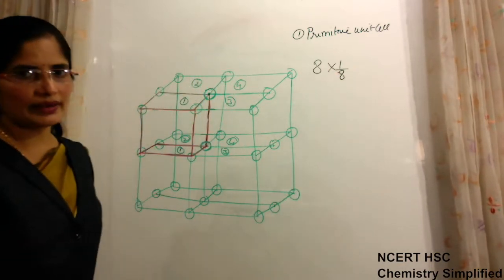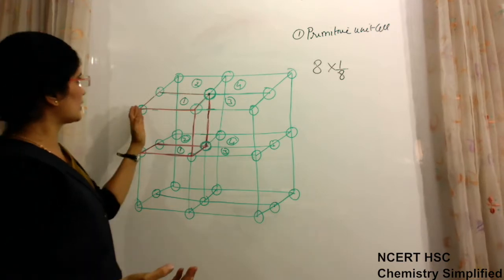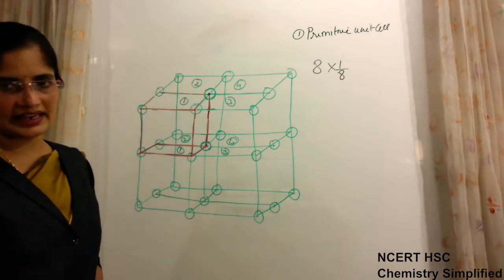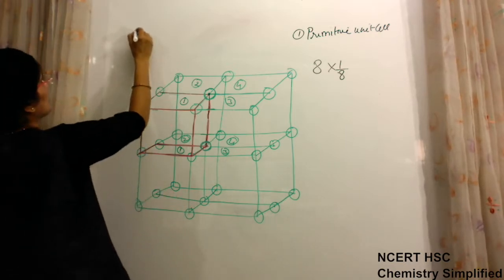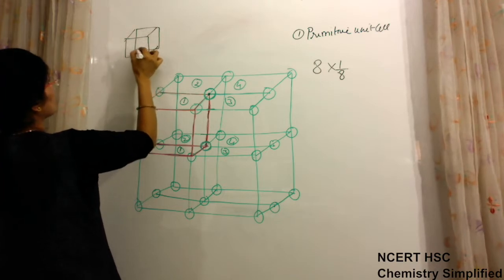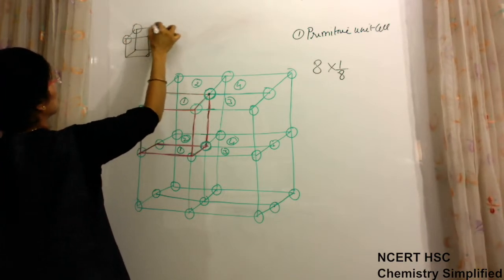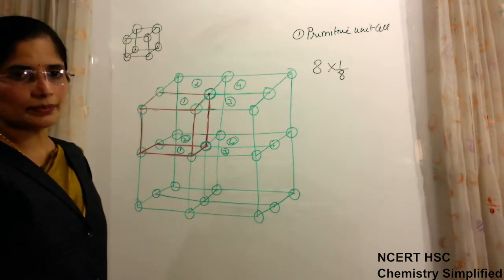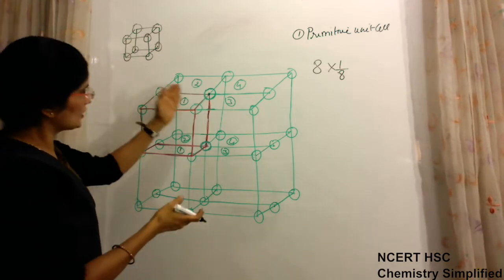Simply, if we had to find out that there are 8 particles on the corner, we would say just 8, if the unit cell is made separately, 1, 2, 3, 4, 5, 6, 7, 8. But the unit cell is not present in isolation, it is present in the crystal.